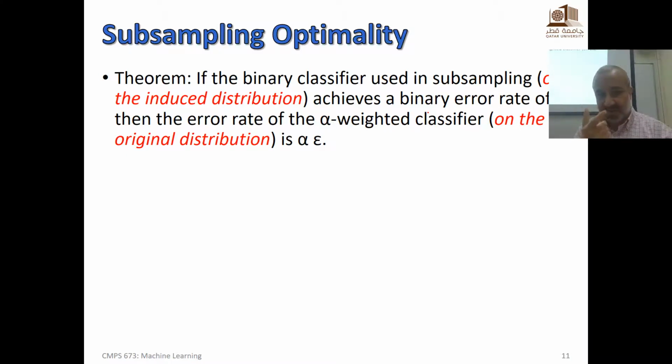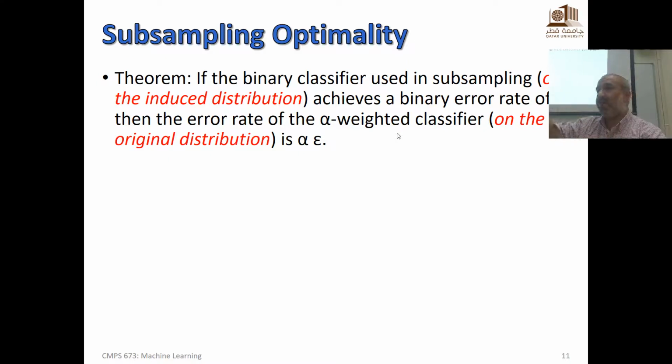The theory says that if the binary classifier used with the new, balanced distribution achieves an error rate of epsilon, then the error rate of the classifier on the original distribution, the alpha weighted classification, will be alpha times epsilon. So the error will be bigger.